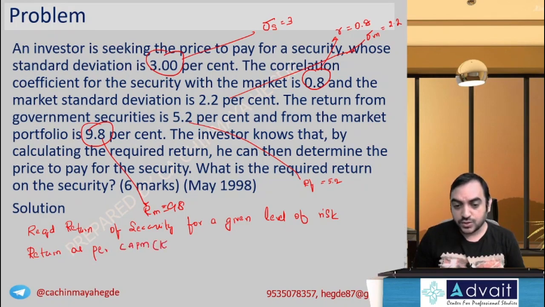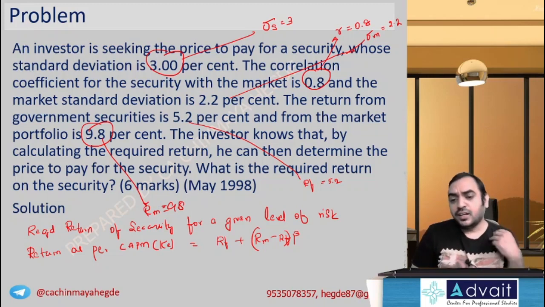So we can say cost of equity, which is RF plus RM minus RF multiplied by beta. Beta is not given in the problem, so we'll have to calculate it.